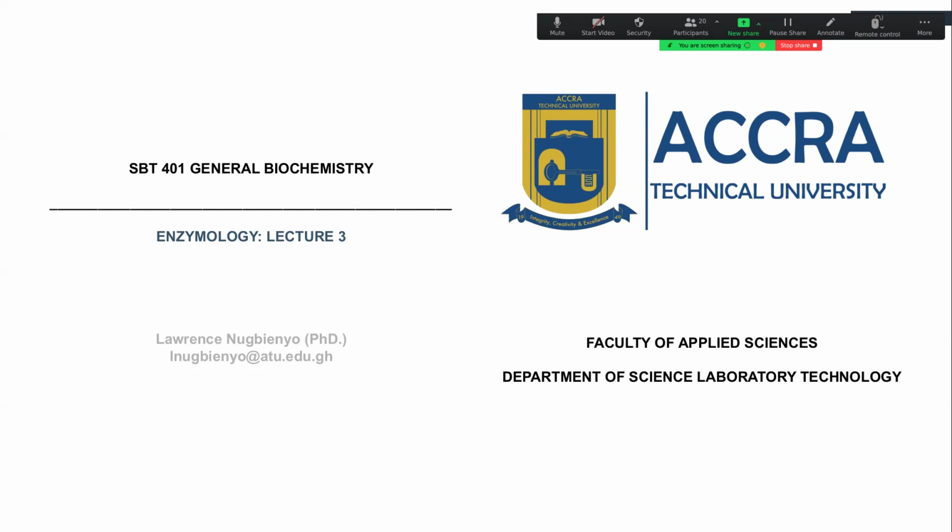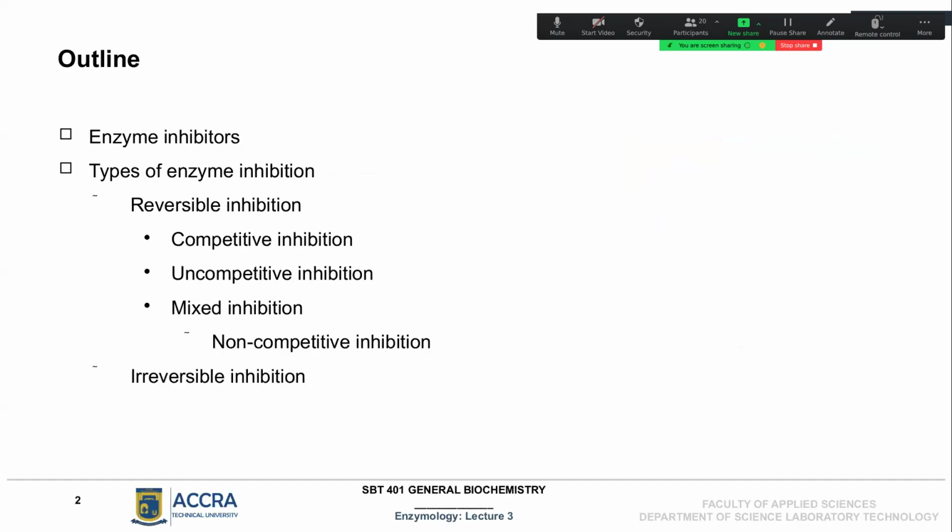So today we'll continue to look at enzyme inhibition. Already, right from the first lecture, we looked at the term inhibitor, an inhibitor being a component that either slows down a reaction or terminates a reaction altogether.